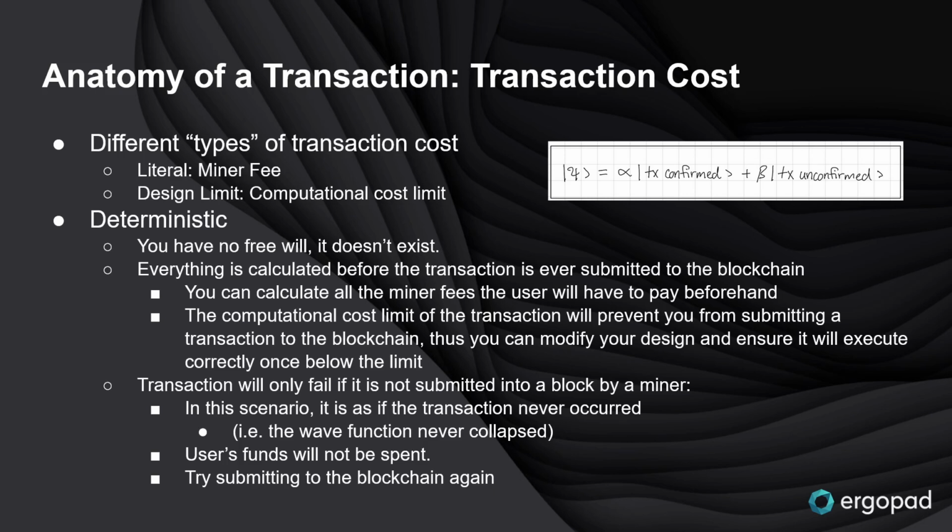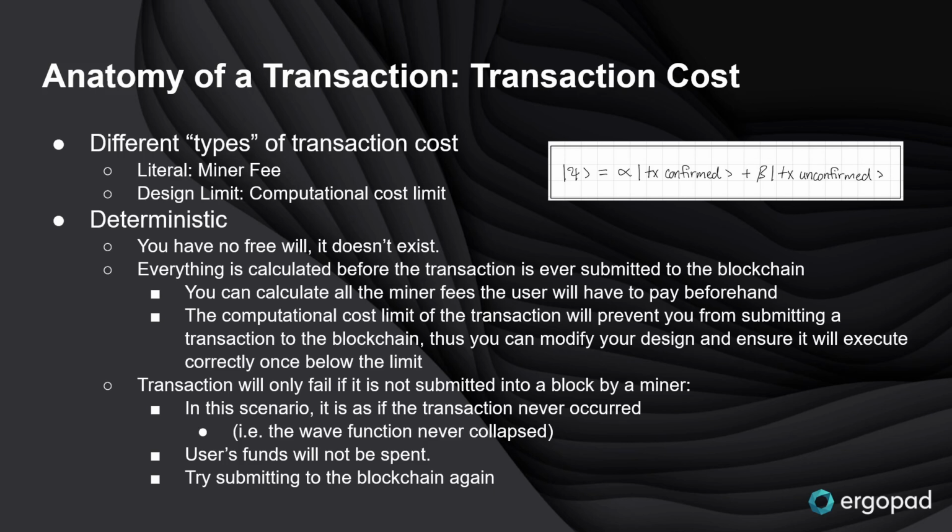So when you're designing a contract or a transaction, if your contracts are too complicated, or you have too much data you're dealing with, then it might exceed the computational cost, and you'll have to go back and redesign something in order to ensure that this type of transaction cost is not exceeded, so the transaction can be submitted to the blockchain.